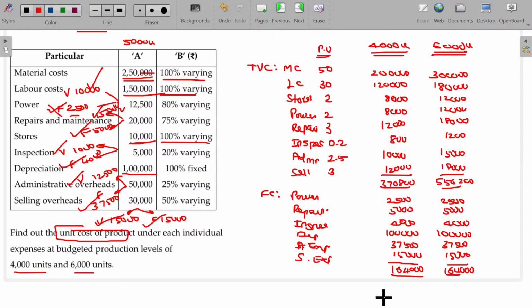Now, if you add up these two, your total cost in this case being 5,34,800, 7,20,200, and cost per unit in this case being 133.70, 120.03. Hope now you'll be able to understand this one.